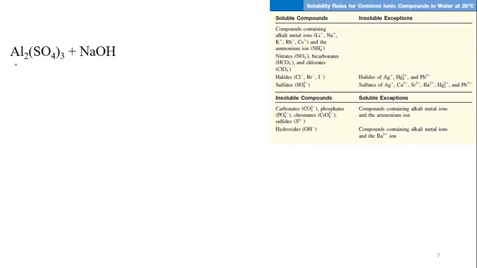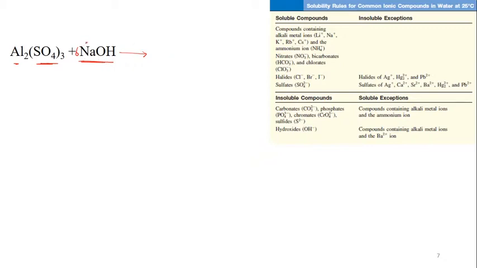Now looking at another example, if I want to know if aluminum sulfate will react with sodium hydroxide or not, and if there will be any precipitate or not. First I need to balance my chemical equation. So I have here two species of aluminum and three species of sulfate, and here sodium hydroxide, one species sodium and one species hydroxide. To balance this chemical equation, I have to multiply sodium hydroxide by 6.